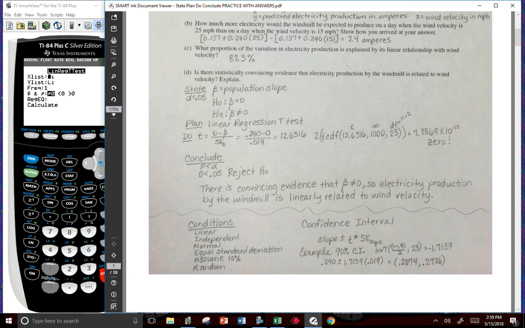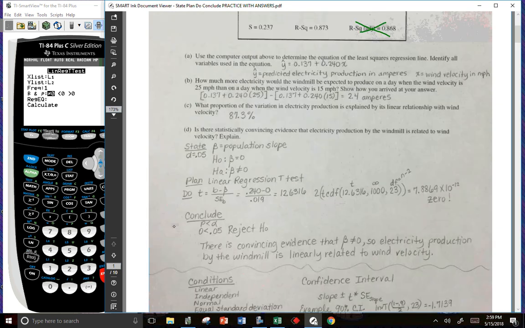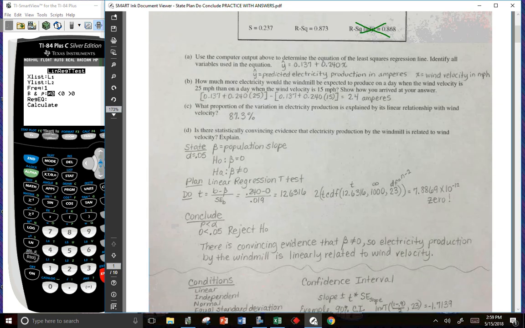But the other two values, we pull them from the computer printout. The sample slope is the one given, it's 2.4. The number next to it is the standard deviation of that slope, and it's always set up that way. So if you identify the slope, the number next to it is the standard deviation of that sample slope.